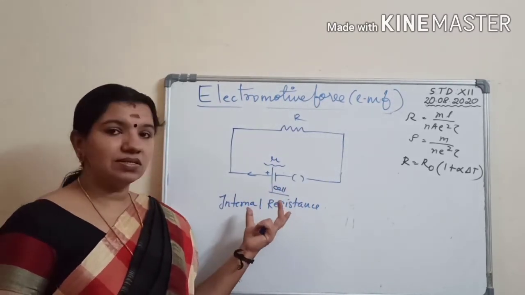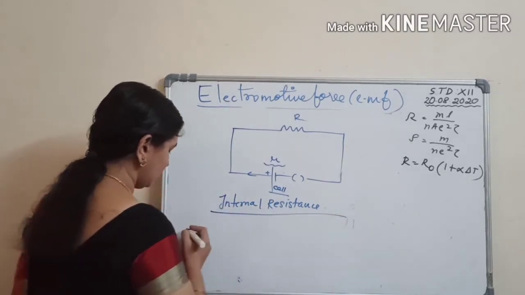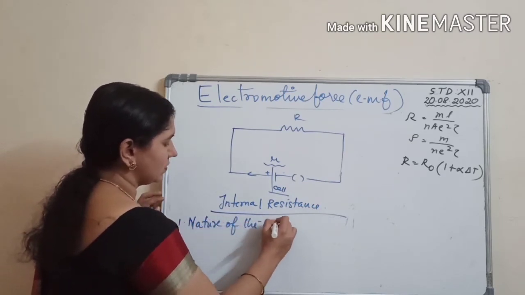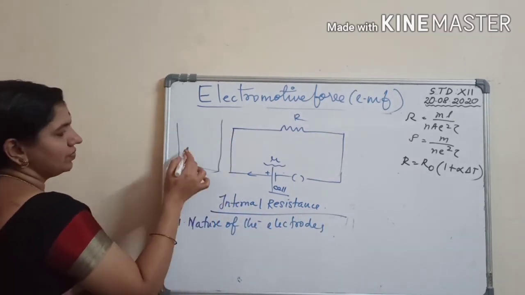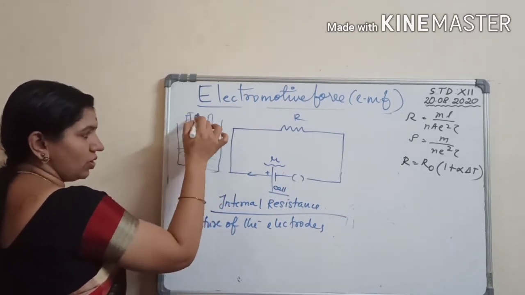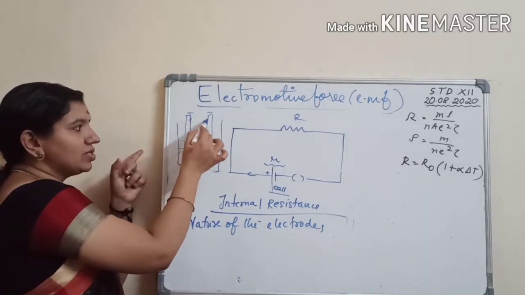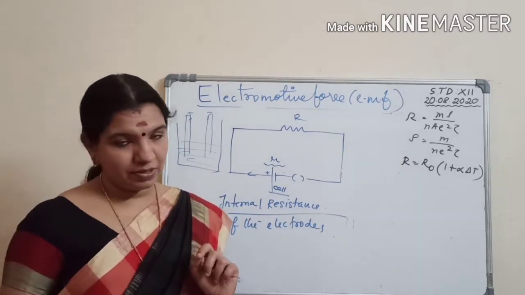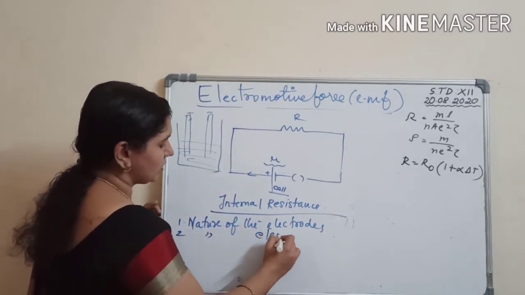Actually, this internal resistance depends upon certain factors. The first one is the nature of the electrodes. You know the essential requirements for a cell: an electrolyte solution will be there, then a cathode and an anode will be there. So these are the electrodes, isn't it? So the nature of the electrodes is a factor on which the internal resistance of a cell depends. The second one is the nature of the electrolyte used.